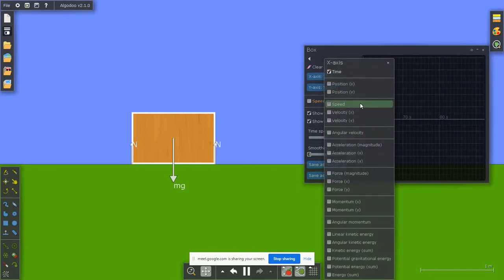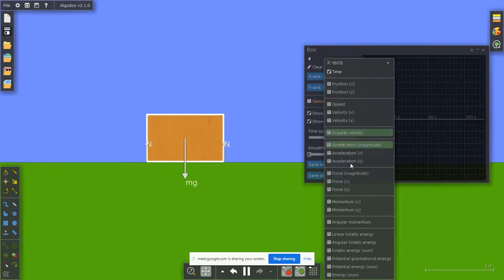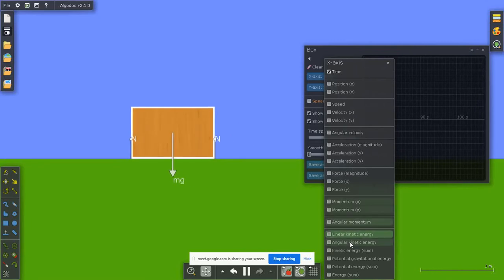We will plot the frictional force, both of the forces.